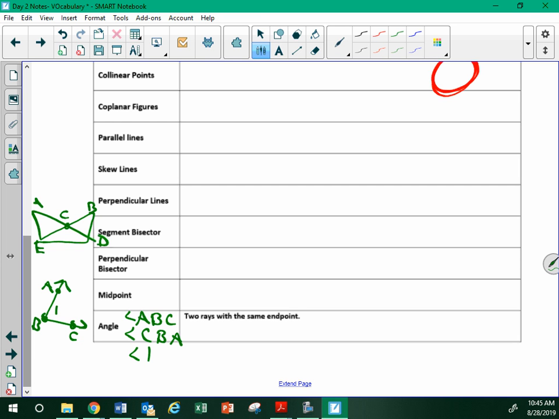Now, if I said angle B, I know exactly what angle I'm talking about. There's only one angle there. So if it happens to be the only angle, we can use just the 1 letter. But when there are multiple angles happening, you have to use those 3 letters. Okay? So this would be an example where I'd have to say angle DCE to represent this angle.